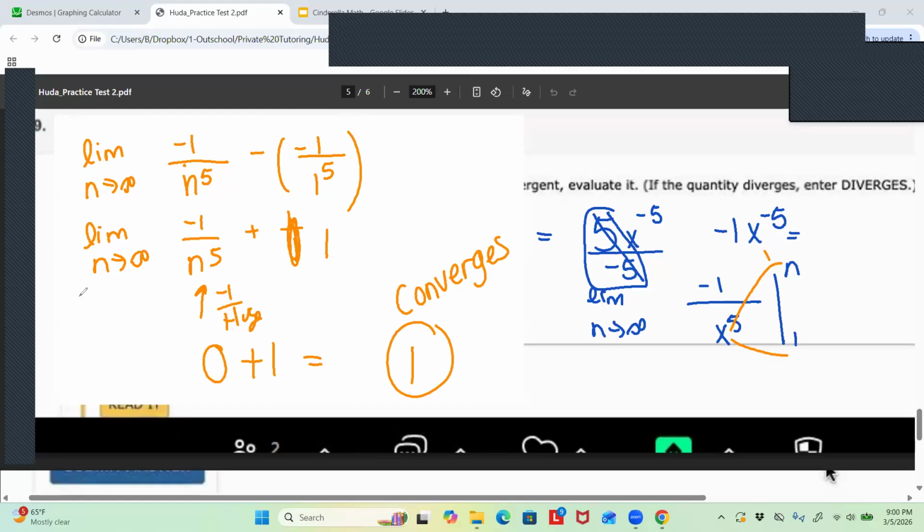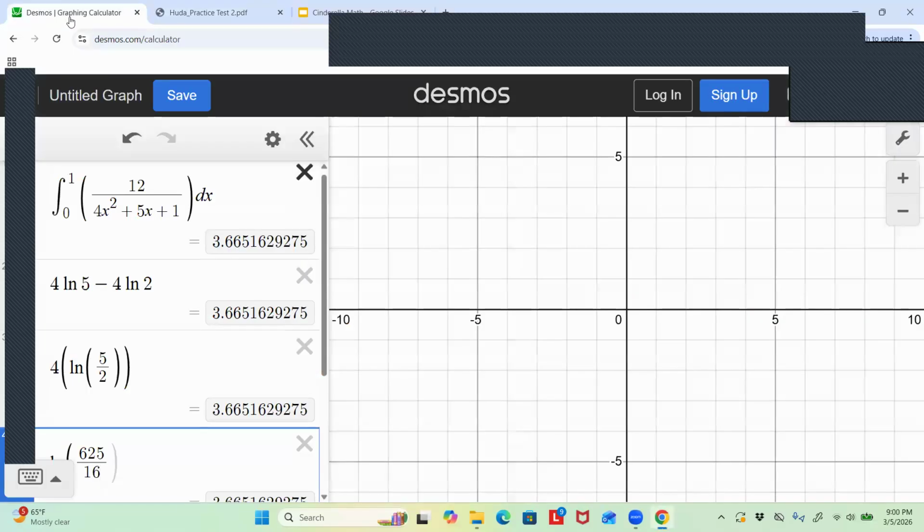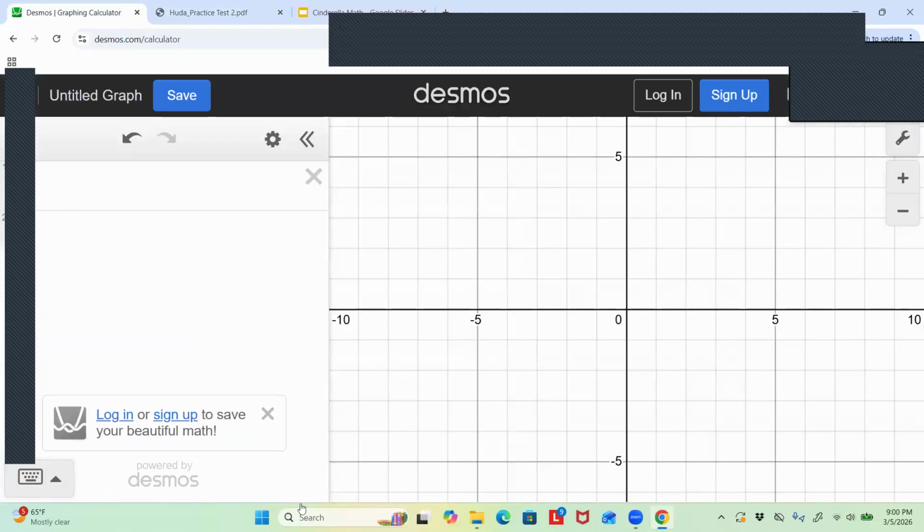Okay? There's not really a way to do this on Desmos because you can't input infinity, to my knowledge anyway. But we could input something really, really big. So let's see. That problem was the integral from 1, and then something super big, like a billion, okay?